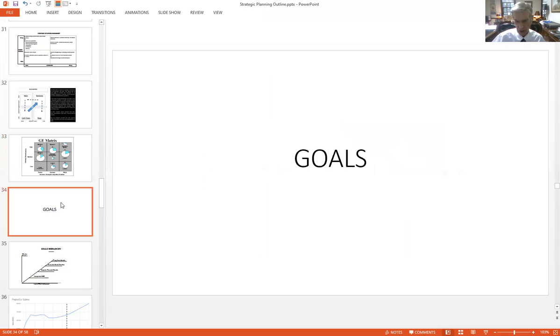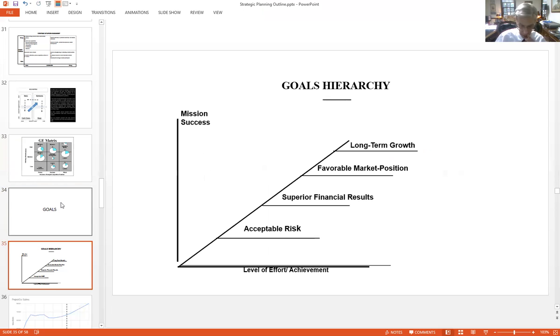Okay, once we've gathered the evidence, it's time now to rationalize it, to make some decisions about what success is going to look like for your company. And the first thing we need to recognize is that some companies are in better condition than others.